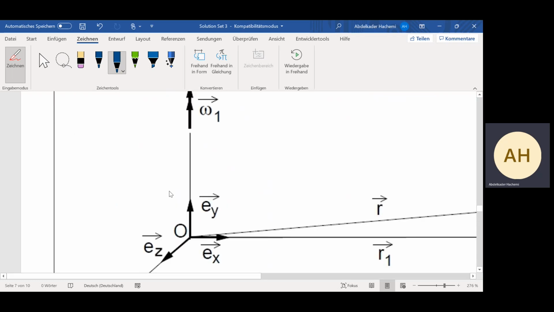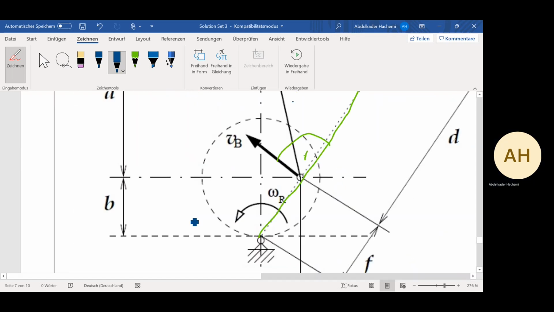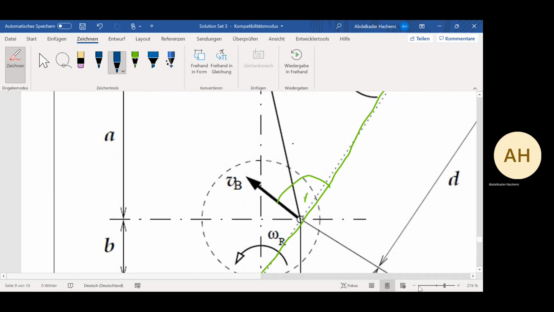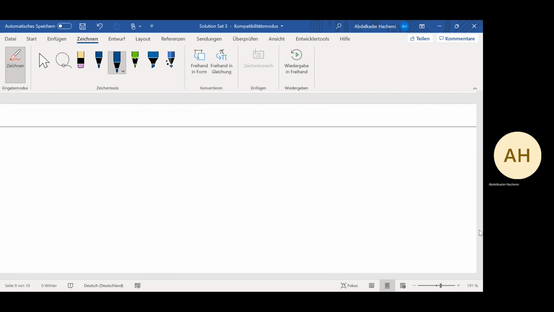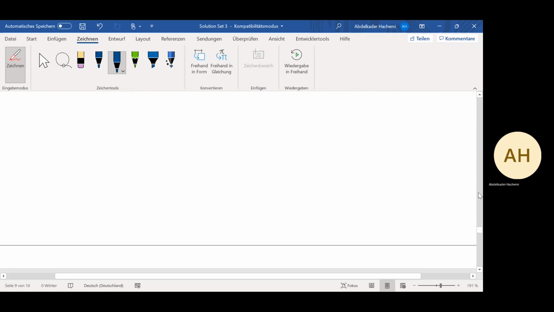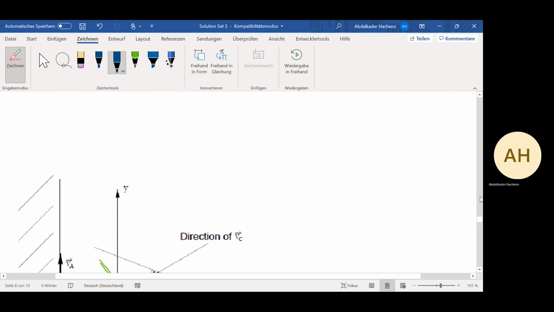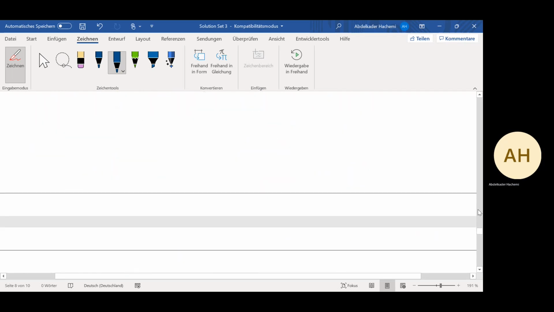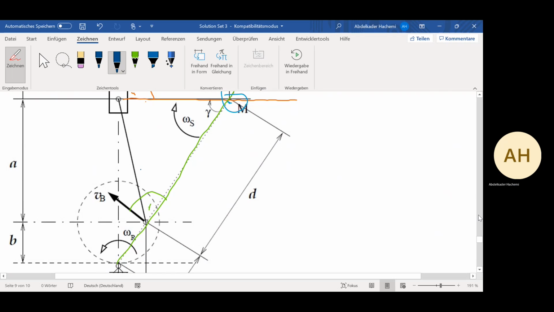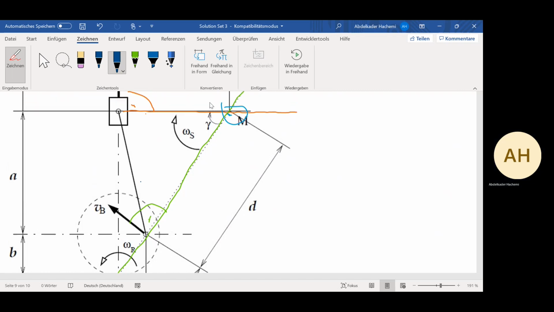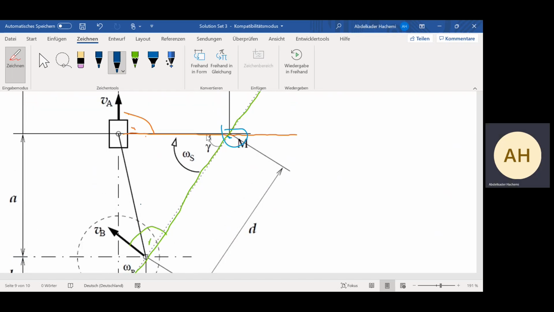We can now read this angle here, gamma. It's only necessary to measure it using a triangle ruler.